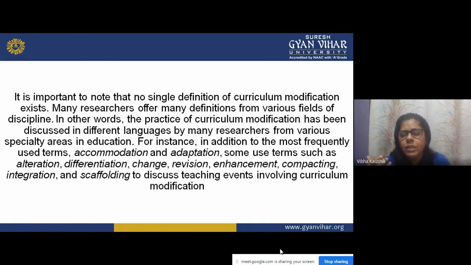All these terms have been used by different educationists to specify the meaning of curriculum modification.